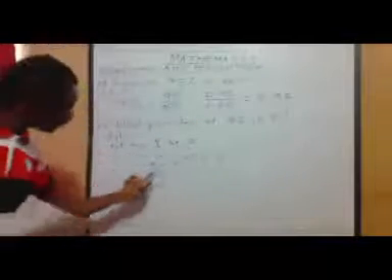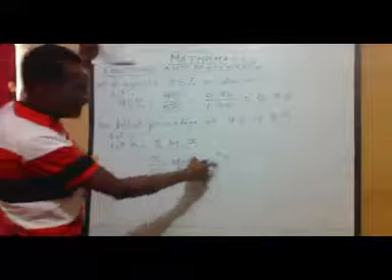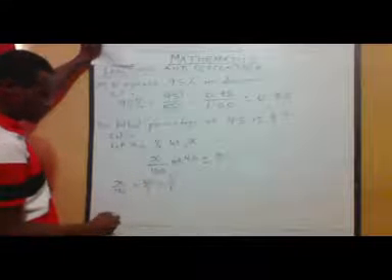What percentage of 45 is 9? That is, the word "of" means times. X percent of 45 is 9. All I will do here is write x over 100 times 45 over 1 is equal to 9 over 1, which will now be 45x over 100 is equal to 9 over 1.